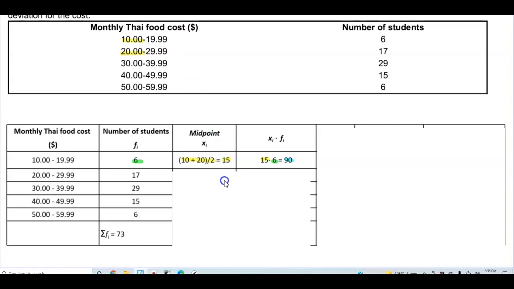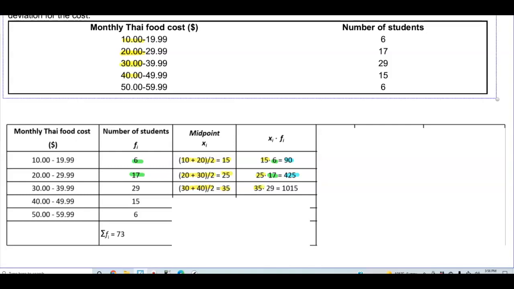Next, we take the midpoint of 20 and 30, so 20 plus 30 divided by 2 gives us 25. We multiply the midpoint of 25 by the frequency of 17 to get 425. Next, we take 30 and 40. So 30 plus 40 divided by 2 gives us the midpoint of that class, which is 35.